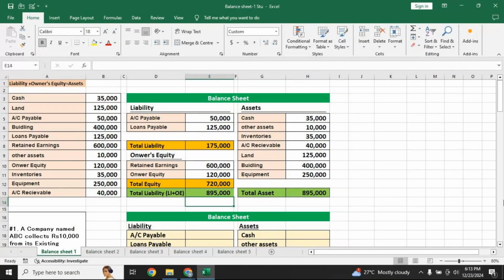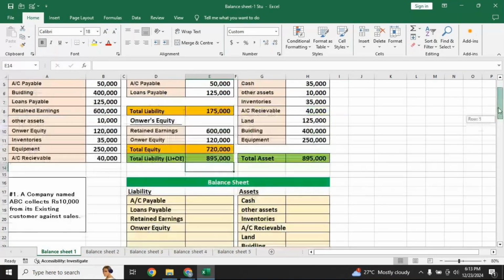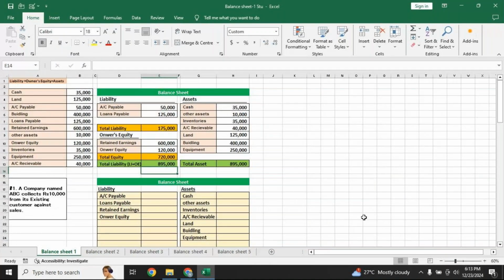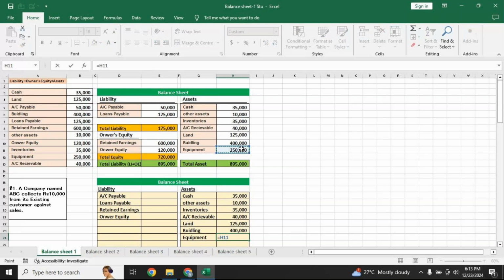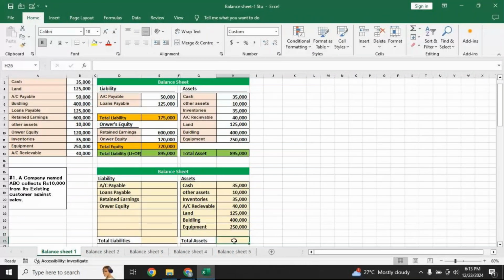Next, I'm going to take the same values from above. So I put all equal.